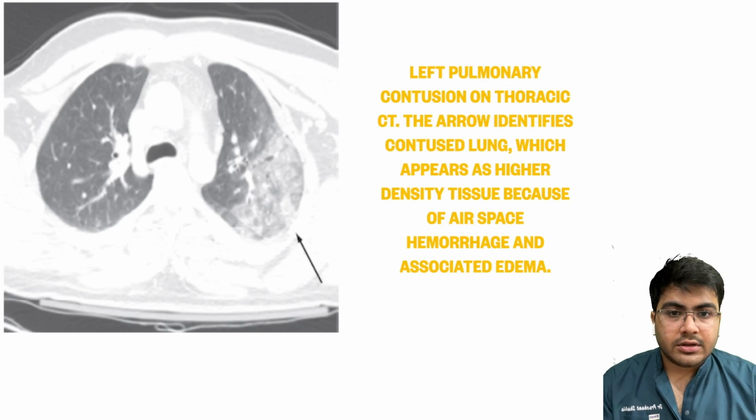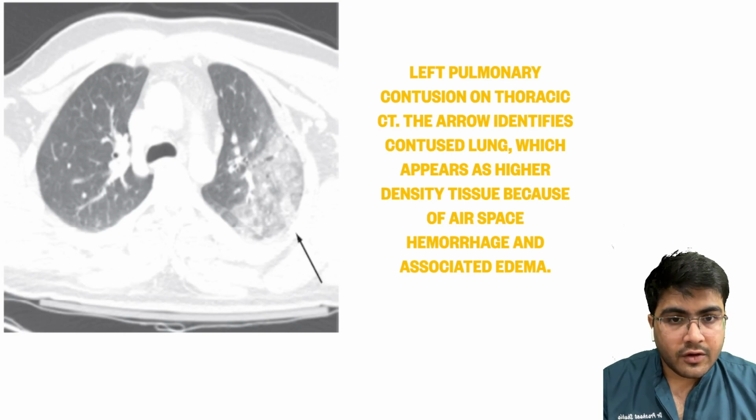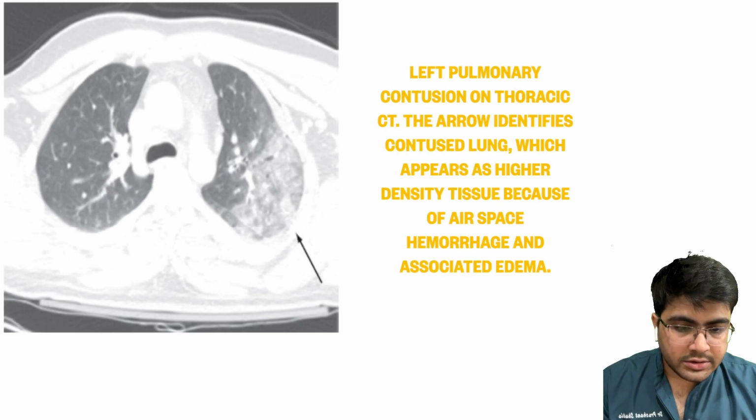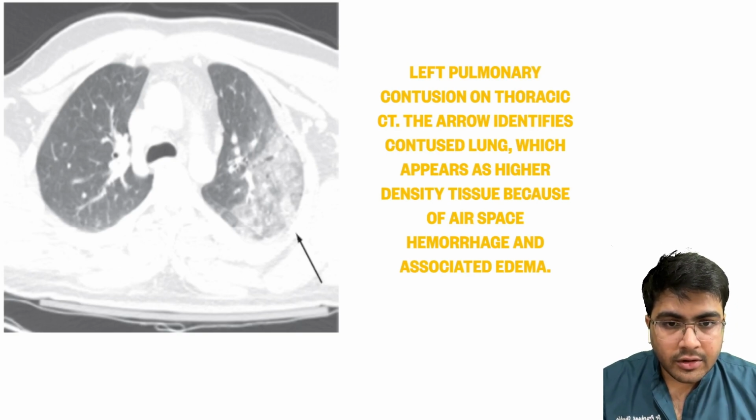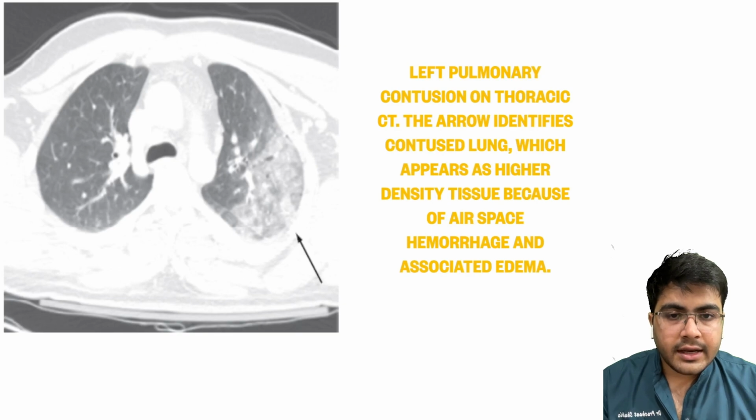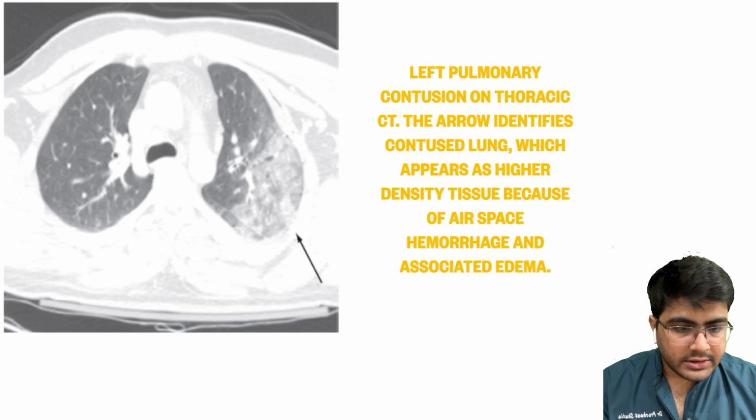As we discussed on the chest X-ray, the diagnosis of pulmonary contusion is very difficult on a chest X-ray because it is not evidently present at the time of admission, and it takes time to become detectable. That's why we usually get a CT done if we suspect a pulmonary contusion. Here you can see the arrow indicates the contused lung, which appears as higher density tissue because of air space hemorrhage and associated edema.